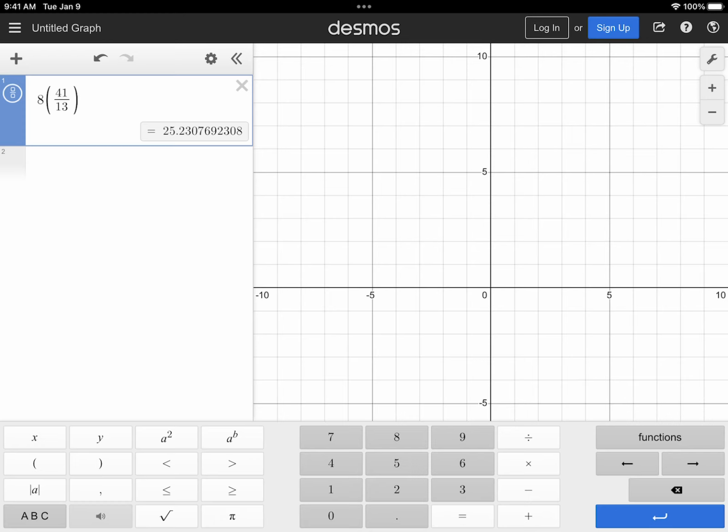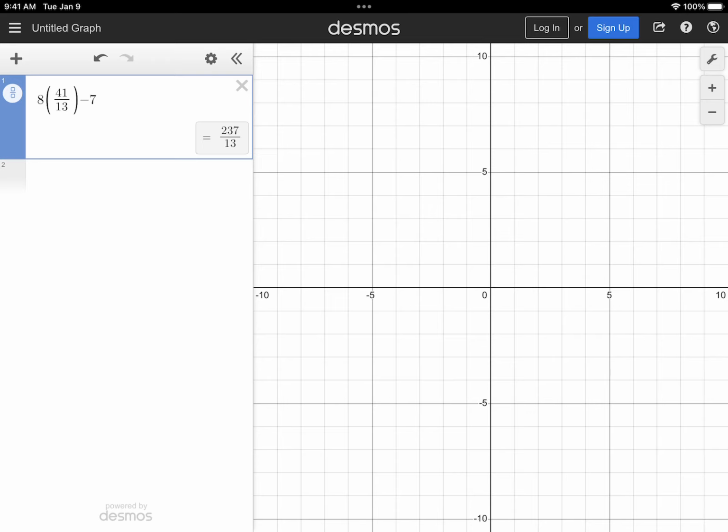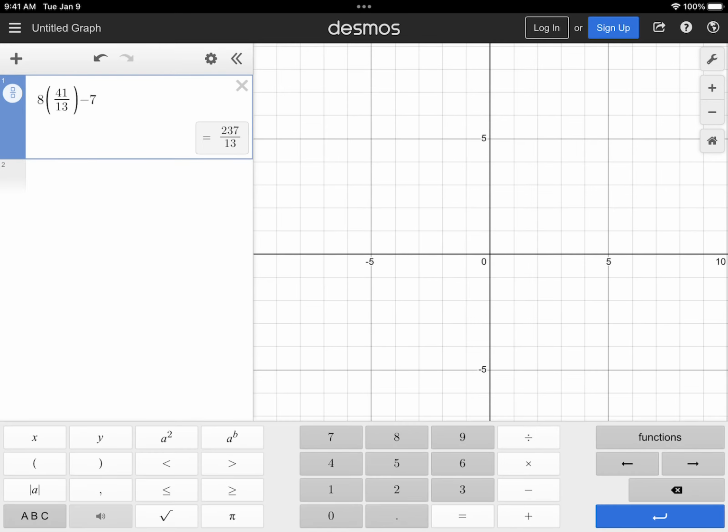I want to do minus 7, but I want to do this all divided by 4, so I'm going to put the whole thing in parentheses to say that this is the top. So there's the top.